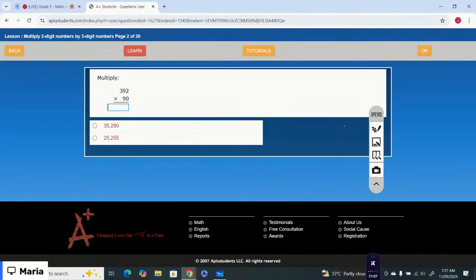So when you multiply the non-zero values, you can add the zero at the end. The correct option is 35,280. Option number 1 is the correct option.